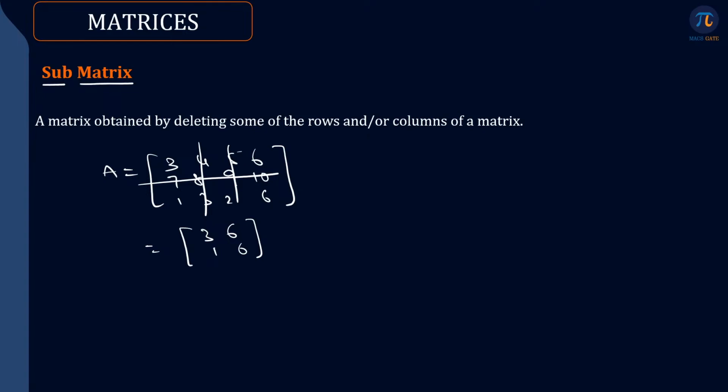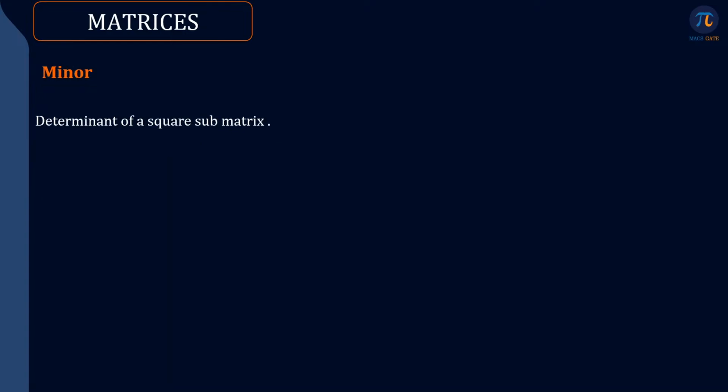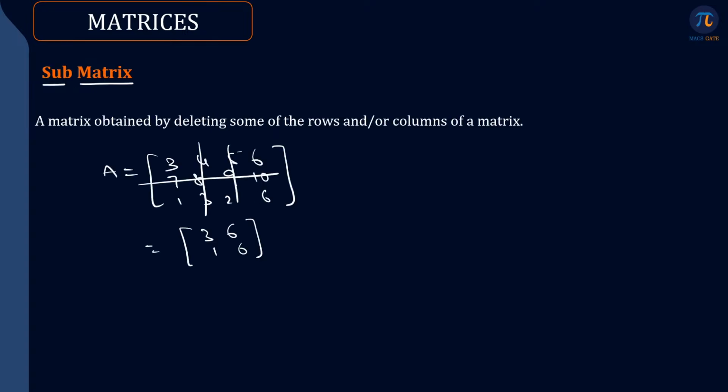Now when the submatrix is a square matrix, we can find its determinant, and that determinant is called a minor. So the determinant of a square submatrix is called a minor.